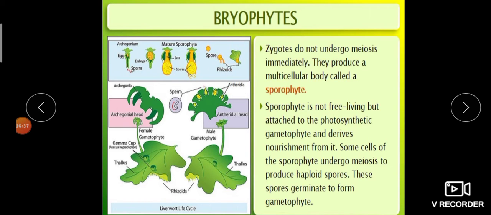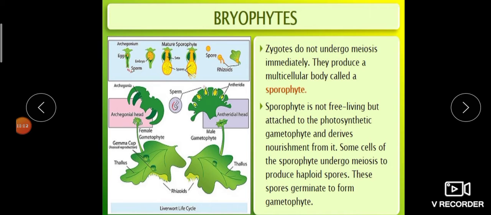Then, after some time, the spores come and meet a suitable substratum like moist soil, damp soil, a damp or humid shady locality. In that place, they come in contact and form rhizoids, that is root-like structures, for attachment to the substratum, and the leaf-like gametophytic part.